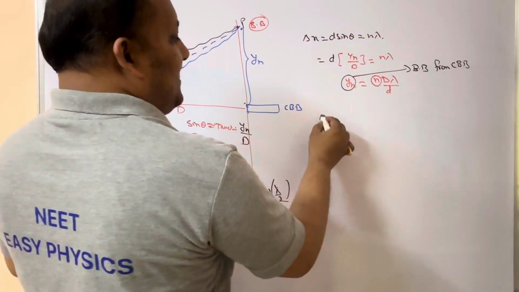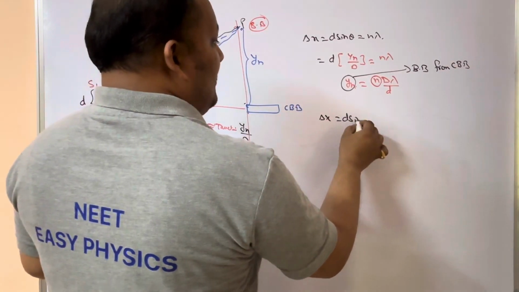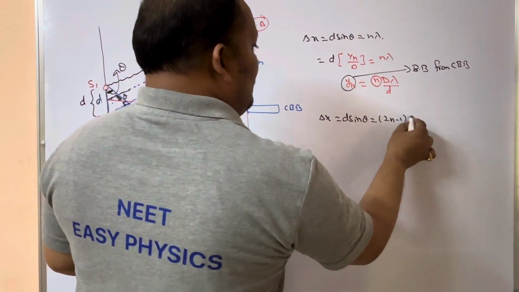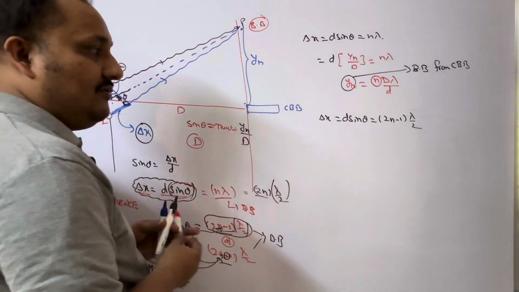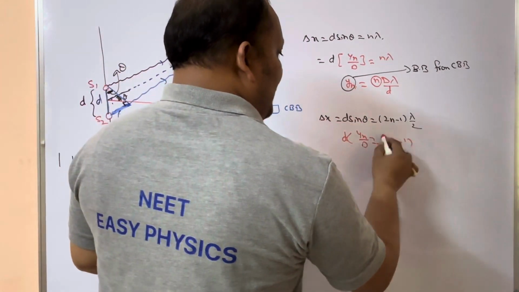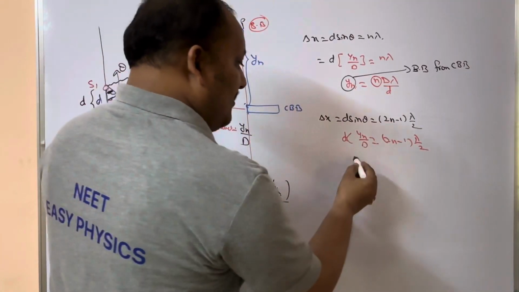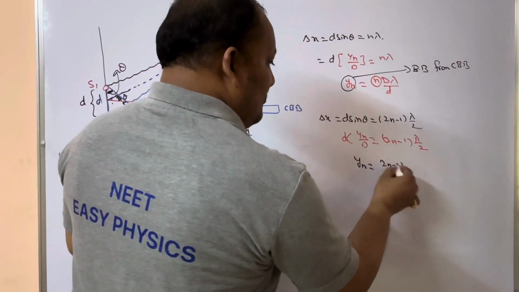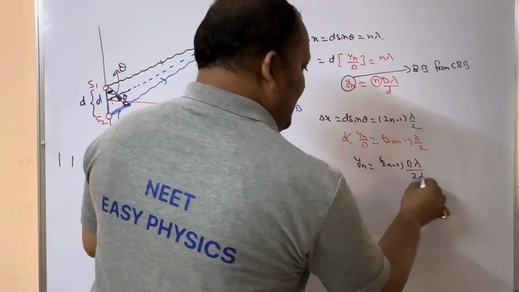Now if you take the path difference delta x equal to d sin theta equal to 2n minus 1 lambda by 2, what is sin theta? Yn by D. So d yn by D equals 2n minus 1 lambda by 2. Therefore, yn is equal to 2n minus 1 D lambda by 2d.